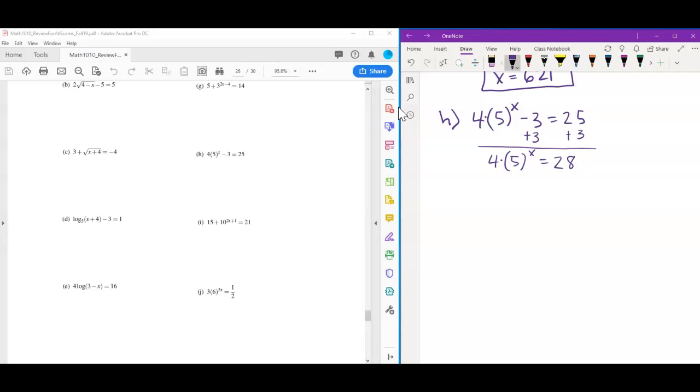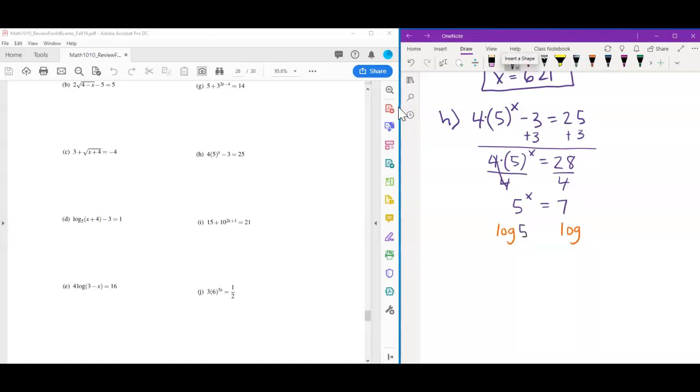And now to get rid of that 4, let's divide by 4 on both sides. So 5 to the x power equals 7. And then this is where you cannot get these bases to be the same. And so in order to try and solve these, you're going to have to take the log of both sides. Right? So we'll do the log of both of these.